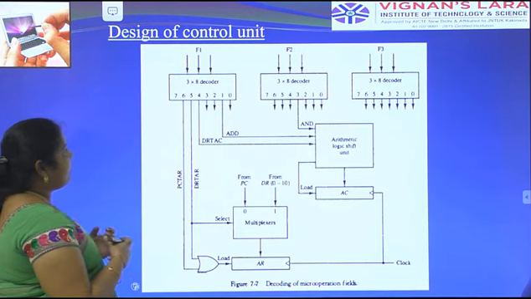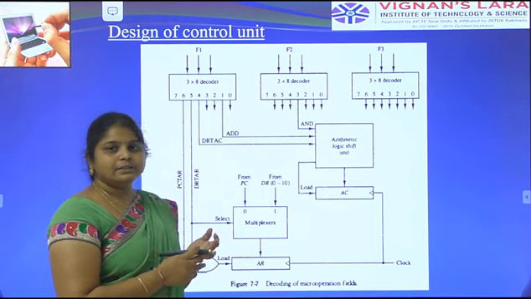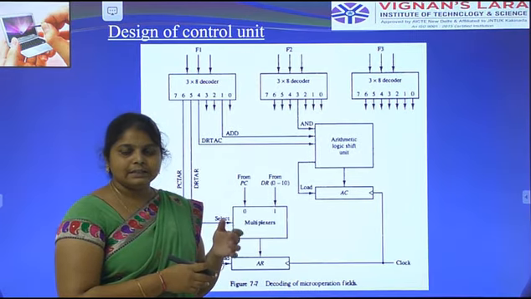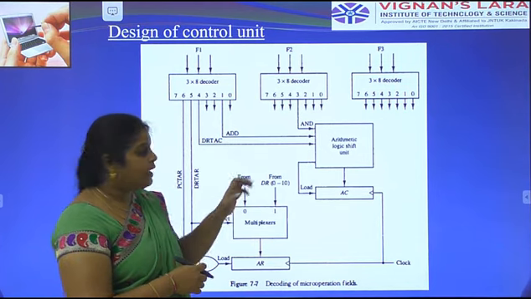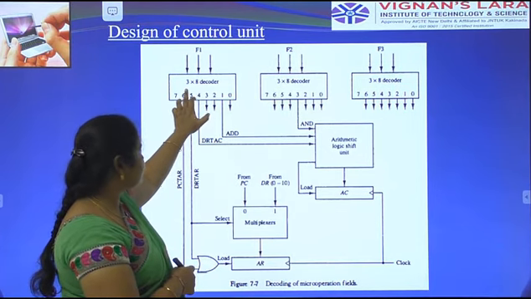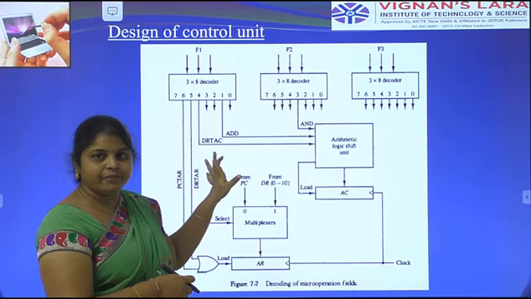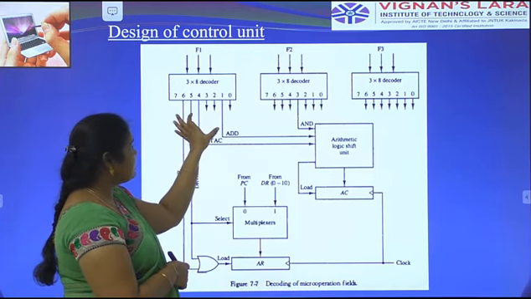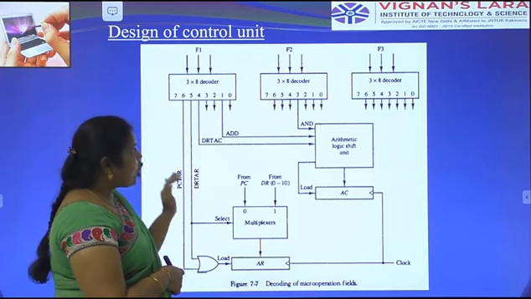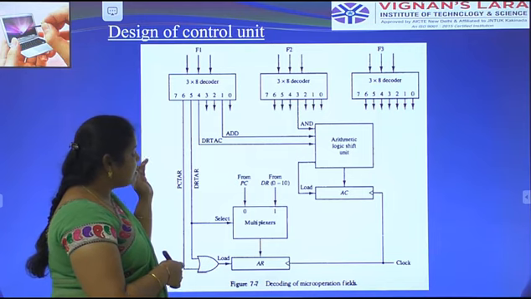Coming to the diagram, it consists of three fields. Each contains 3 inputs and 8 output lines. That's why we call it a 3/8 decoder for every field, and it contains 8 output lines. These are the operations that can be performed in the control unit.